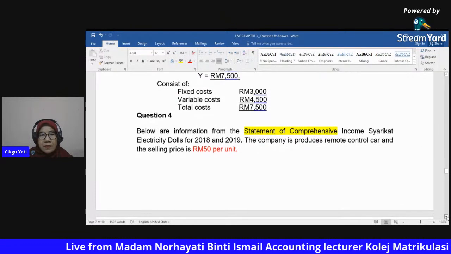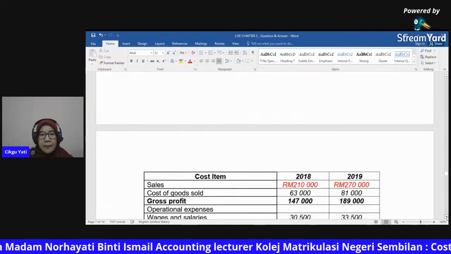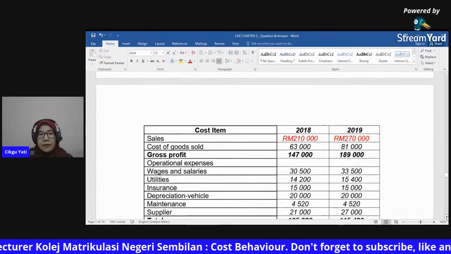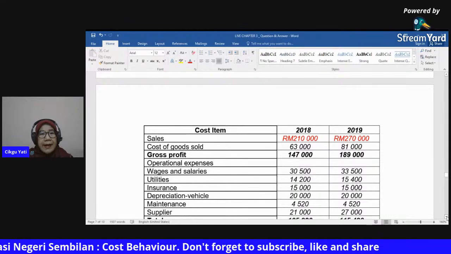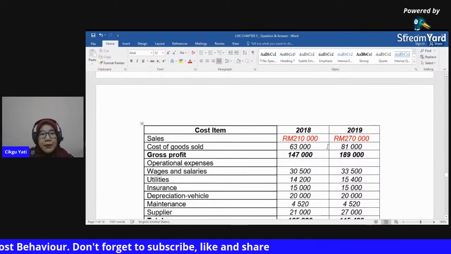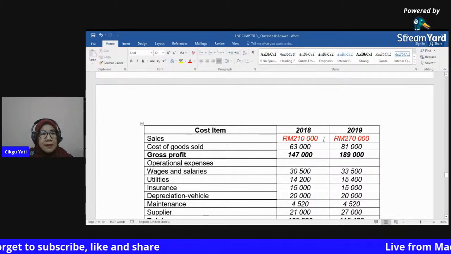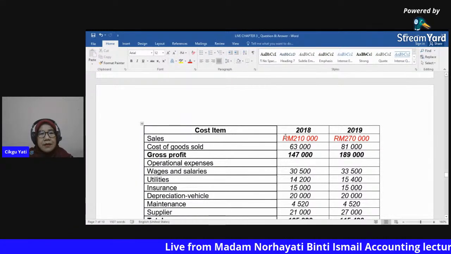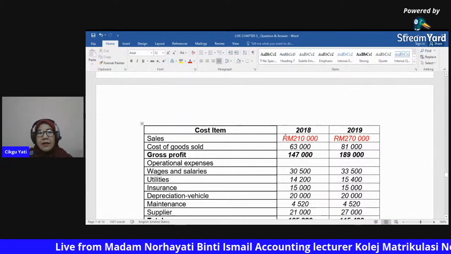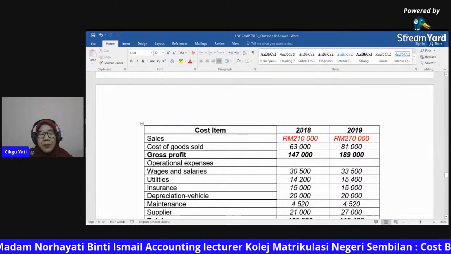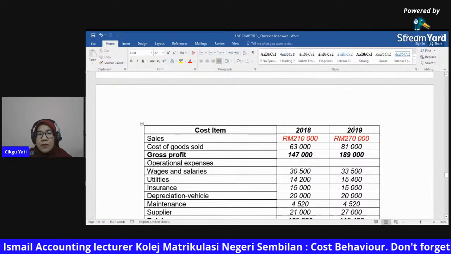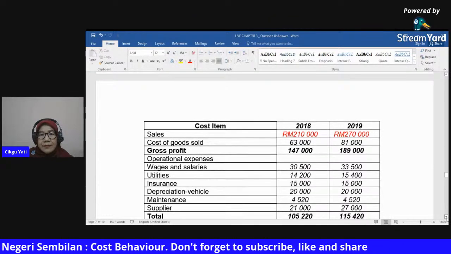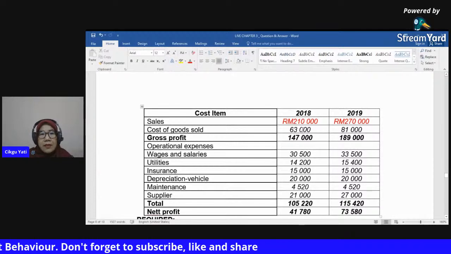Okay, look at this question. And you must know this is a statement. And it will give you in terms of total sales. So in this total sales, you have to calculate sales in unit. Okay, these are the 2 years. This one represents 2018 and 2019. So from this table, you can find the costs.